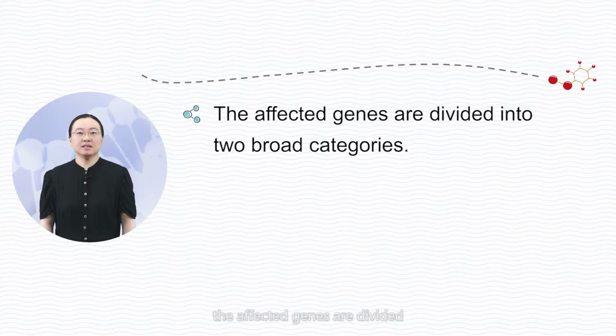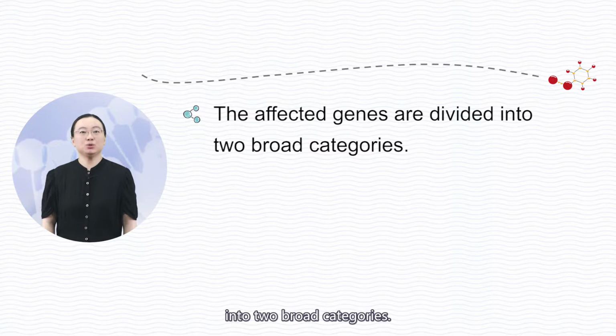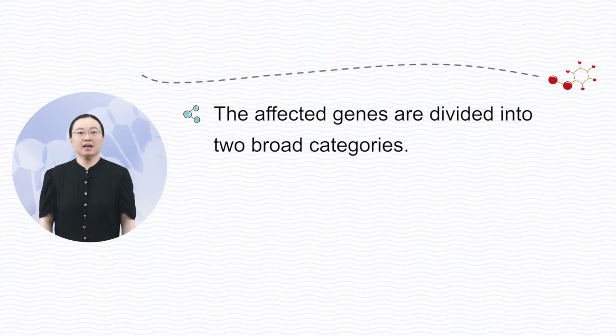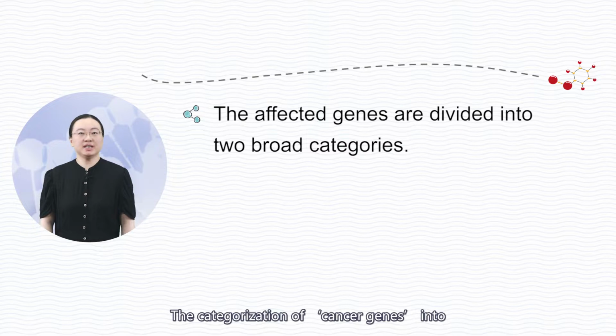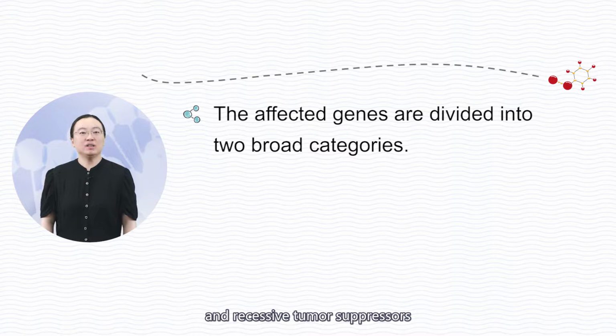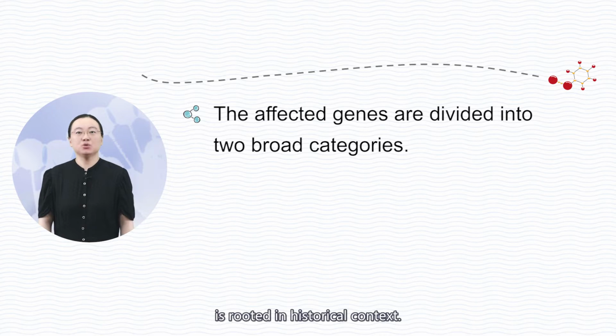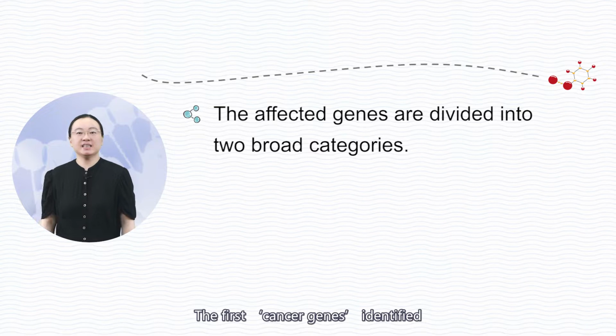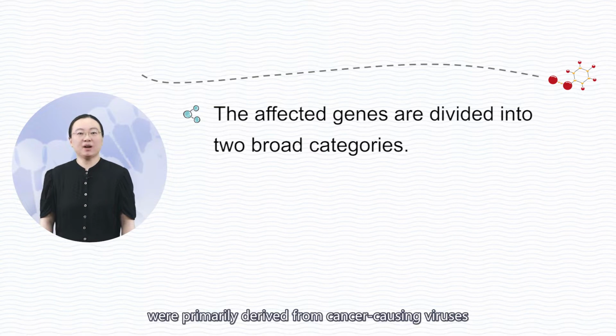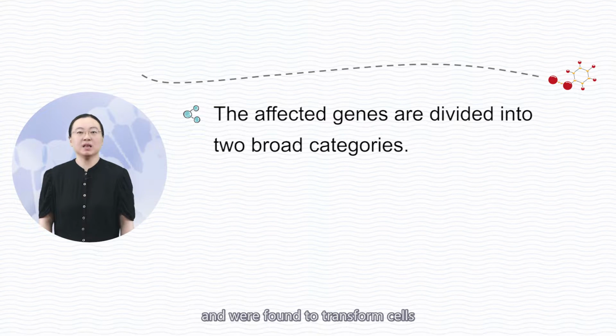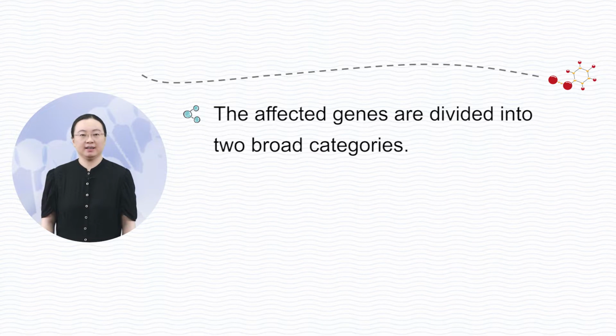In this process, the affected genes are divided into two broad categories. The categorization of cancer genes into dominant acting oncogenes and recessive tumor suppressors is rooted in historical context. The first cancer genes identified were primarily derived from cancer-causing viruses and were found to transform cells in a dominant fashion.